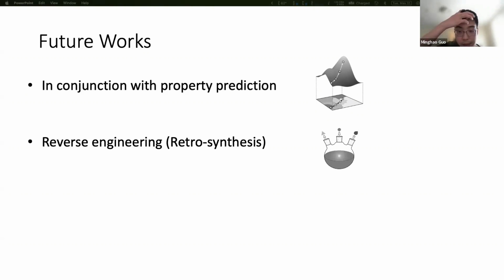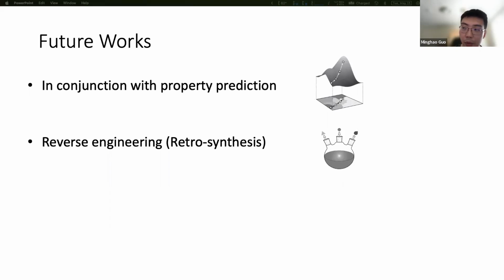The second work is that the grammar is also helpful for the reverse engineering of polymer design, which we call retrosynthesis. In the actual paper, we have already used RetroStar, which is a method specifically targeting retrosynthesis.